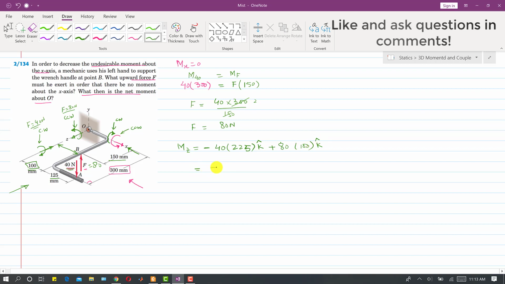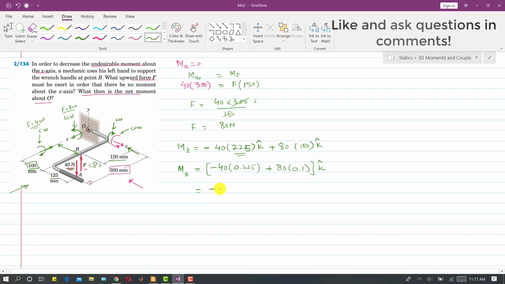So this means it is minus 40, and if we divide by 1000, this becomes 0.225, plus 80, and this 100 becomes 0.1, and all this moment is about the K axis, the Z axis. So this will be the net moment about Z axis.